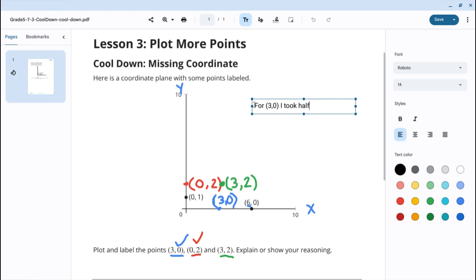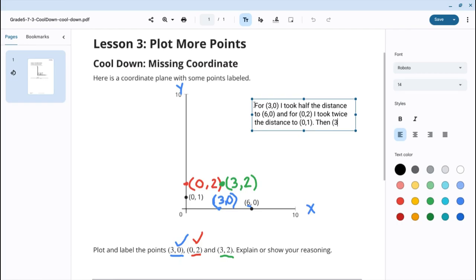That was half the distance to the 6, comma 0, right? So we had 6, comma 0. And for 0, comma 2, I took twice the distance to 0, comma 1.